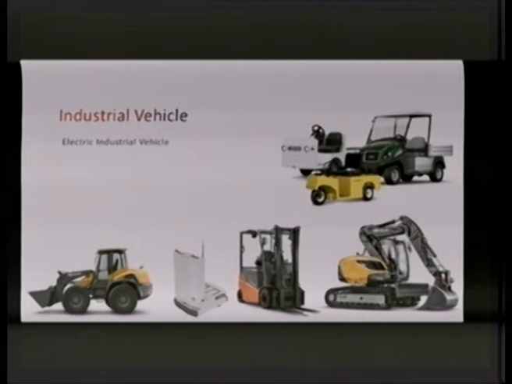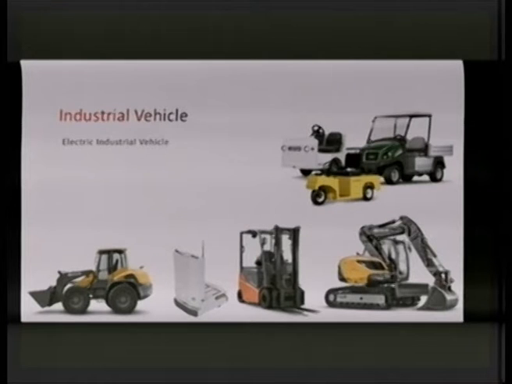So this one you can easily see in the airport, for example. Usually before this, all the golf buggies used the ICE engine. Now you cannot see golf buggies using ICE engine anymore because they are using electric.